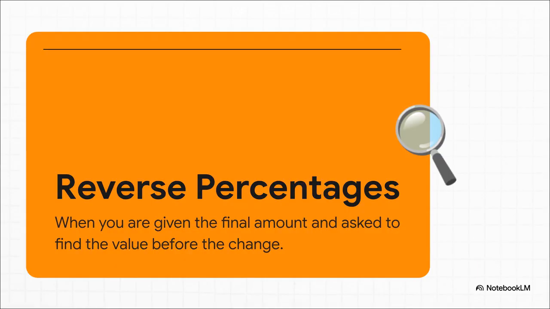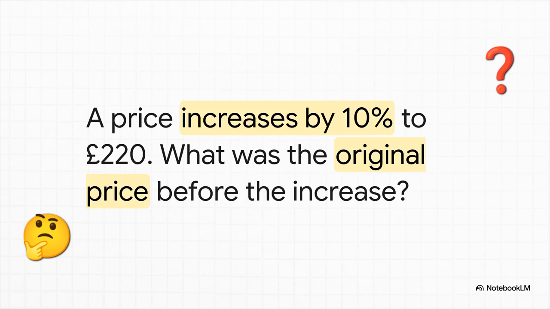And this brings us to the final boss, reverse percentages. This is that scenario where you know the final price after a change happened, and you've got to work backwards to figure out what it was before. Okay, here's a classic exam question. A price increases by 10%, and the new price is now £220. The question is pretty simple. What was that original price before the increase?